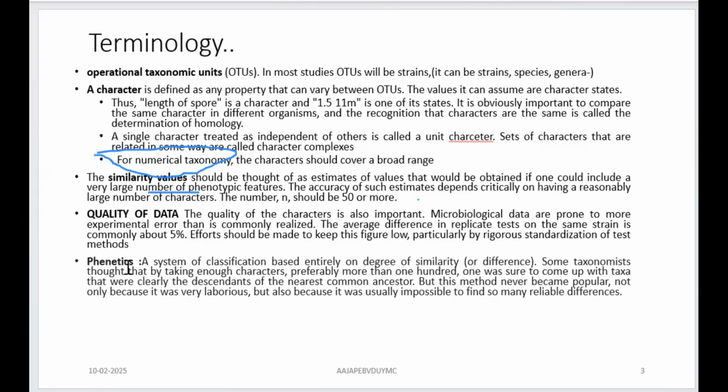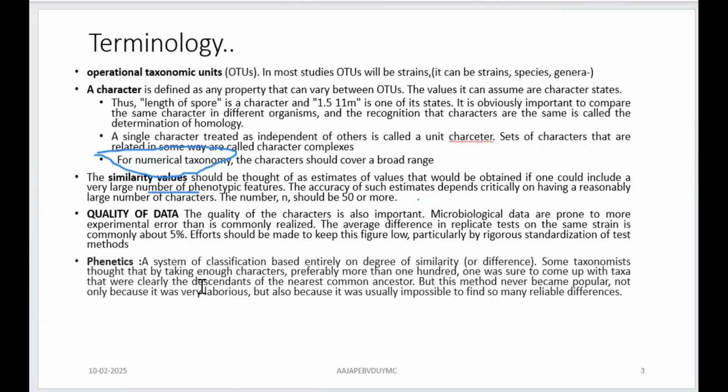Now come to the term phenetics, a systematic system of classification based entirely on degree of similarity or differences. Some taxonomists thought that by taking enough characters, preferably more than 100, one would be able to come up with taxa that were clearly descendants of the nearest common ancestor, meaning, for example, lactic acid bacteria, taxon, taxa, and the operational taxonomic unit.